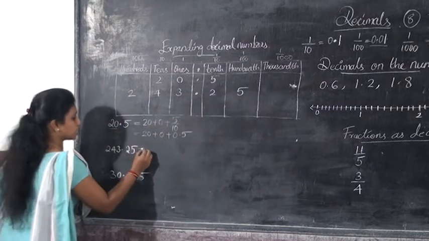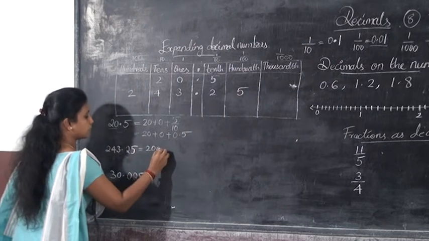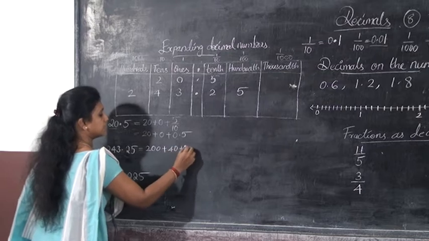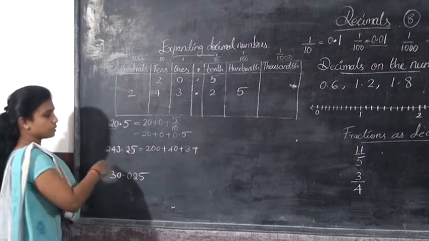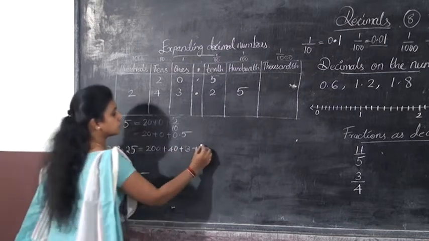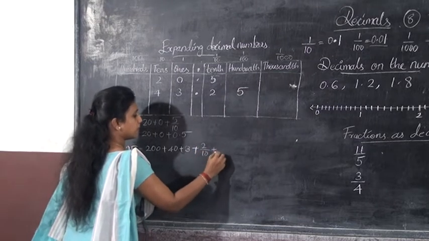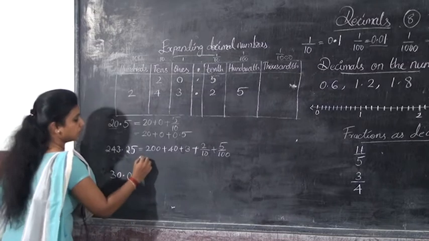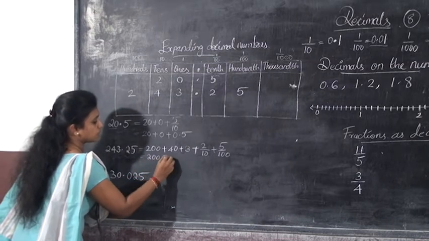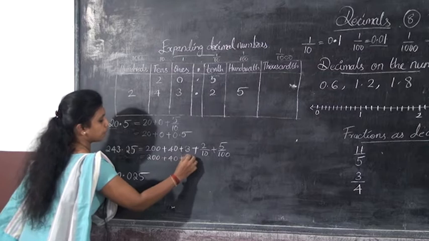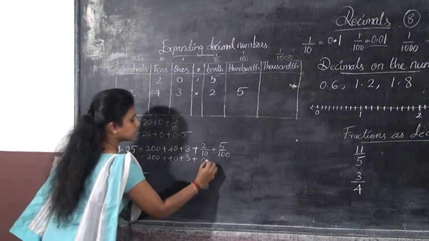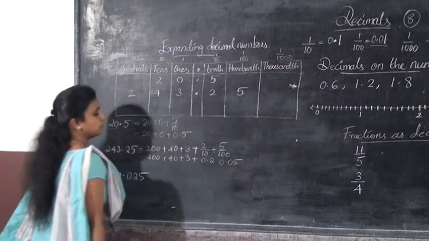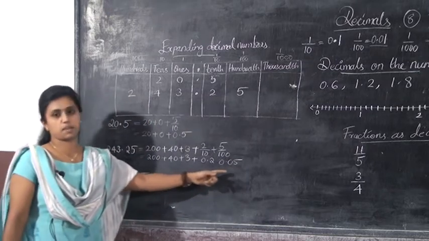First write the fractional expansion: 2 in the hundreds place 200, plus 4 in the tens place 40, plus 3, plus the fractional part, 2 by 10 plus 5 by 100. Then convert into decimal expansion: 200 plus 40 plus 3 plus 0.2 plus 0.05. That is the decimal expansion.